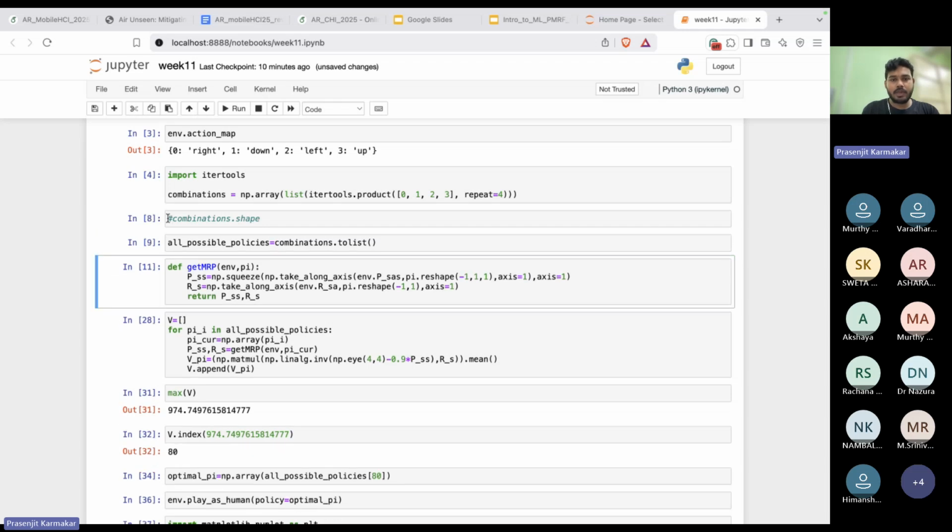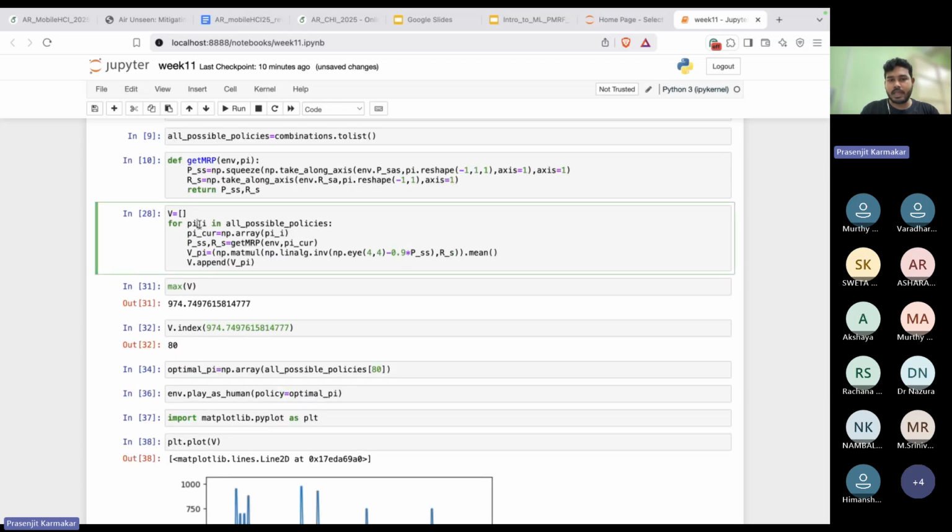So what we are doing is looping through all the possible policies pi, getting the MRP from each and using that equation: (I minus gamma P) inverse R. This gives you a vector of values for all states, and to make it a scalar quantity we take the mean, the average state value.